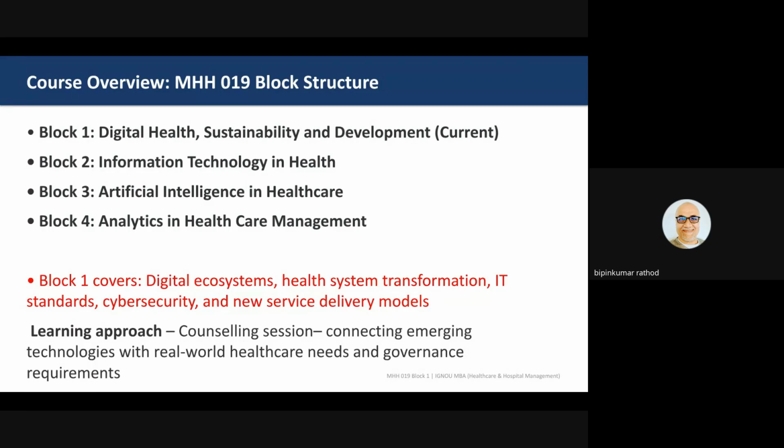Okay. In block 1, we are going to cover the digital health ecosystem in India, health system transformation, information technology standards, particularly IT standards for healthcare, cybersecurity, and how new service delivery models are emerging in the hospital and healthcare industry in India.